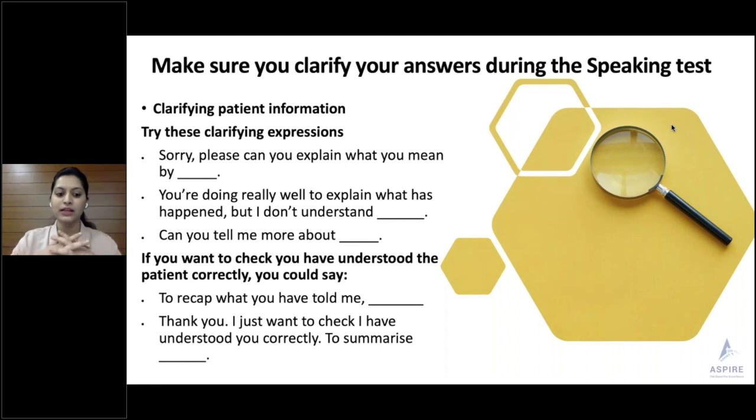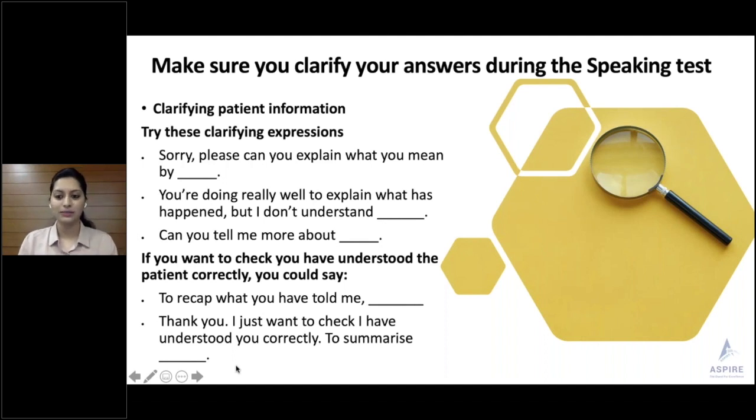For example, say, to recap what you've told me, and then summarize the entire situation that the patient has in short. Or you could say, thank you, but I just want to check if I've understood you correctly. So to summarize, so and so.